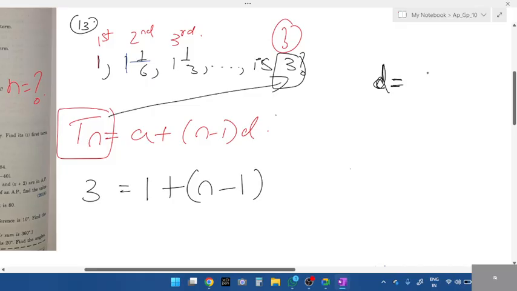What is n minus 1? Take the system, find the answer for this. Be quick.